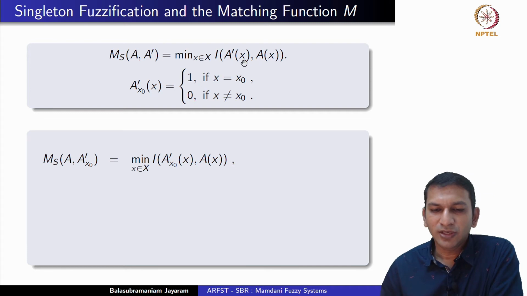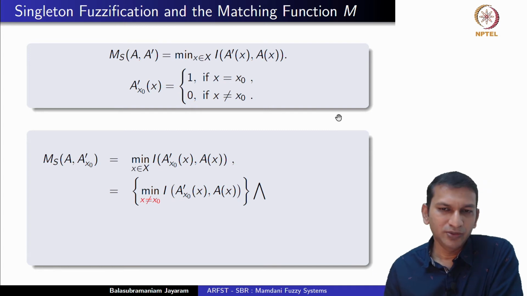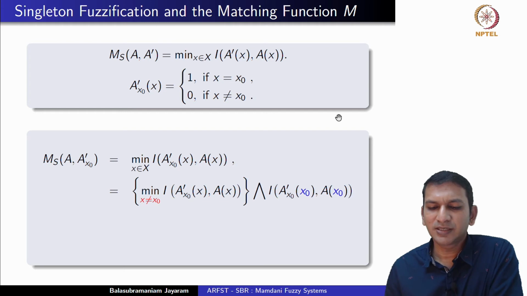Note that A dash and A have changed positions. Implication is not commutative. So we take the given input at the first place and the antecedent at the second place. Now, this can once again be broken down into all those x which are not equal to x0, and x being equal to x0.